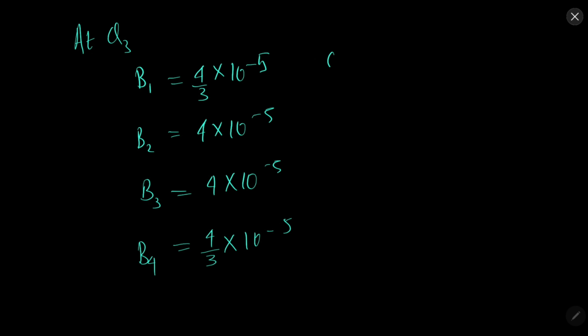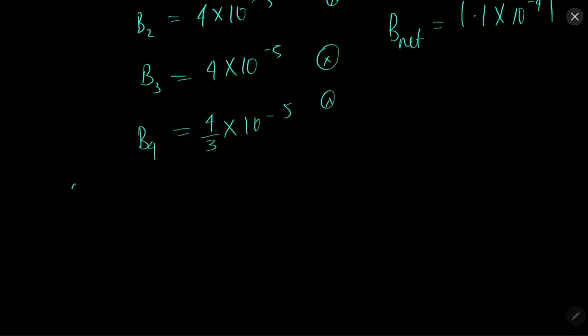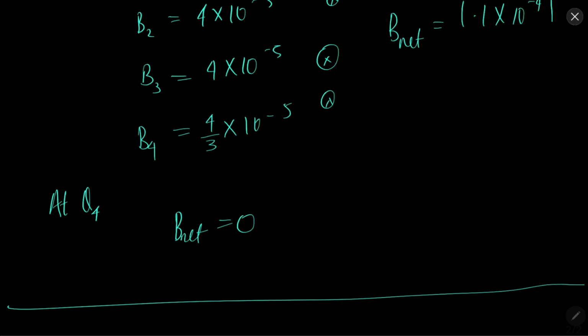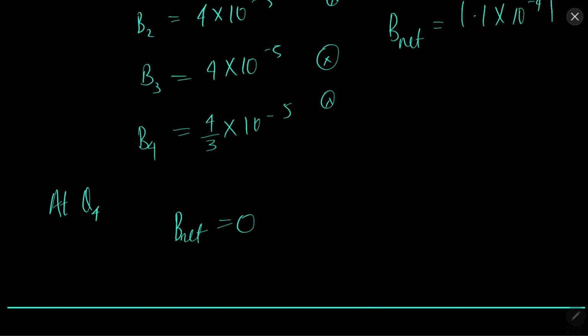So all of them will be inside. So the net field will come out to be 1.1 into 10 to the power minus 4 Tesla inside. And at Q4, again a similar thing will happen as in Q2. Net field will be 0. Few will be outside, few will be inside.